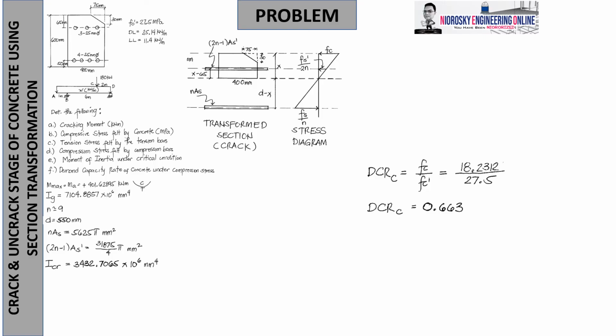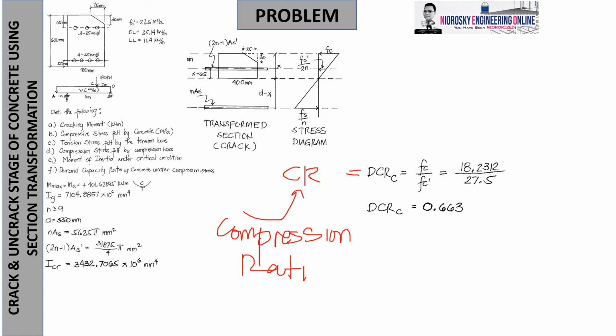So, therefore, to finalize the remaining question, the demand capacity ratio under compression stress, or we can say that this is also the compression ratio. So, the compression ratio or the demand capacity ratio under compression stress is given by fc over fc prime. fc prime is given 27.5. We have calculated just before this 18.2312 for fc, and then we will have 0.663 as our demand capacity ratio.